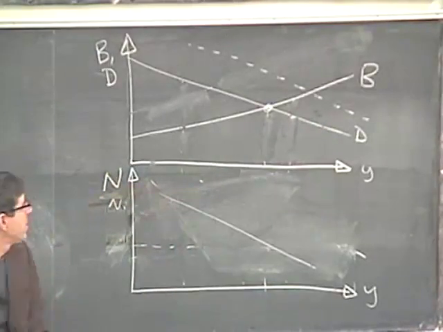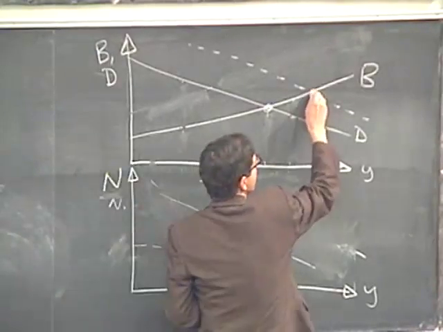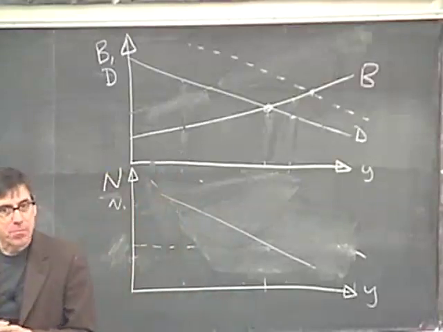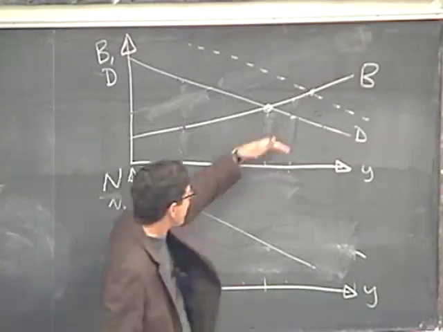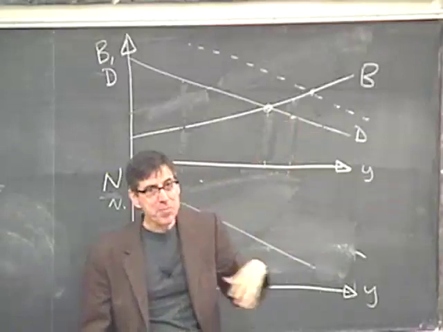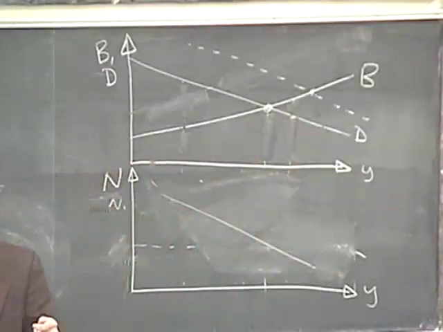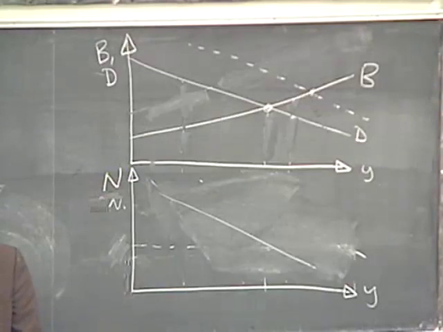Because now you're going to move to a point again where births equal deaths. But it's going to be at a point now where living standards are higher, right? Because now, because of this higher death rate, you need to give people higher incomes in order that they can produce the children that will now balance that higher death rate, okay?